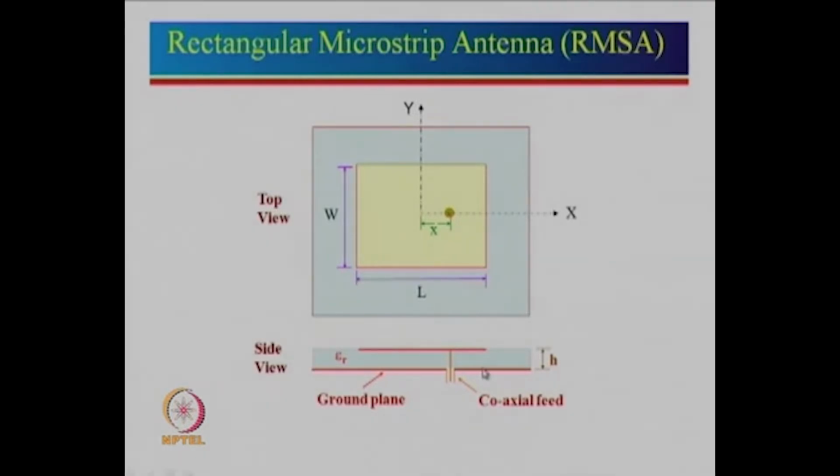It is very similar to a printed circuit board you might have seen inside your mobile phone, TV or any electronic gadget, where on one side there is a ground plane of copper, then a dielectric material, and on the top there is copper. In fact, if you see any of these microcontroller boards, they have so many parallel lines running there.